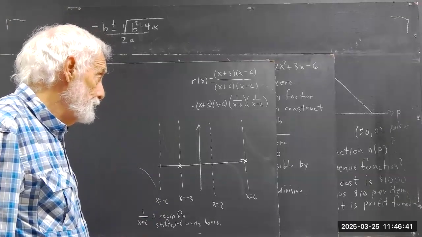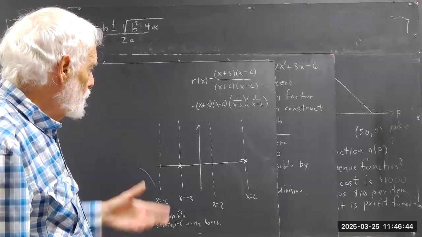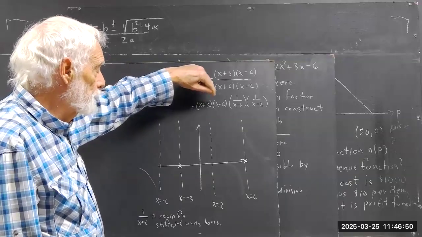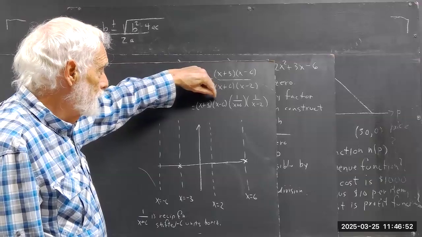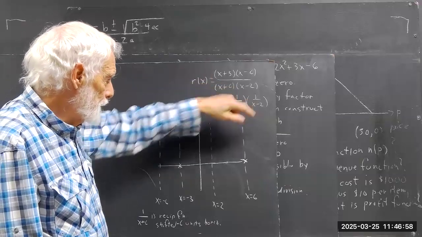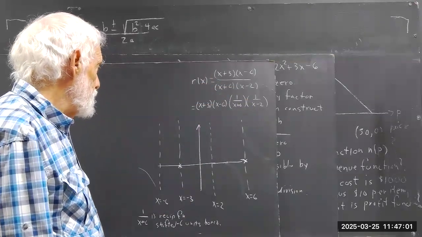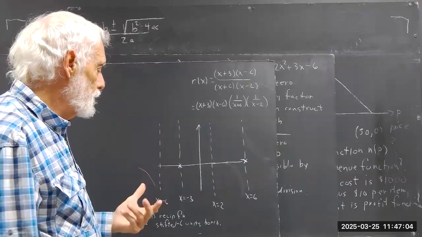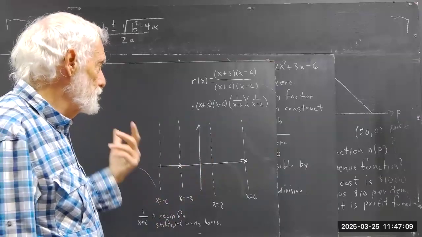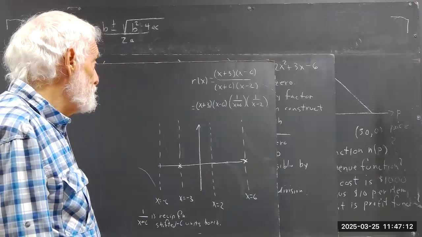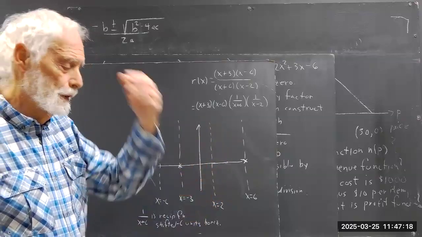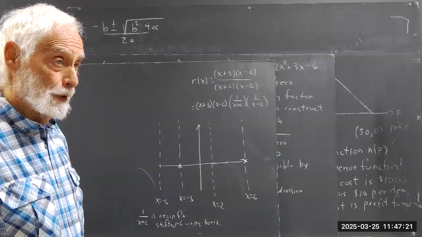For that reason, if x equals -6, x plus 3 is -3, x minus 6 is -12. So -3 times -12 is 36. And x minus 2 is -8, so we get -8 over 36, which is a little less than 1/4, or a little less than 4.5 in magnitude.